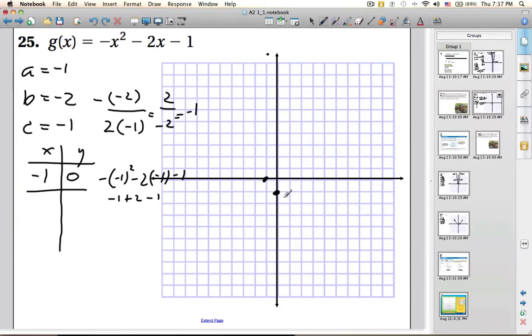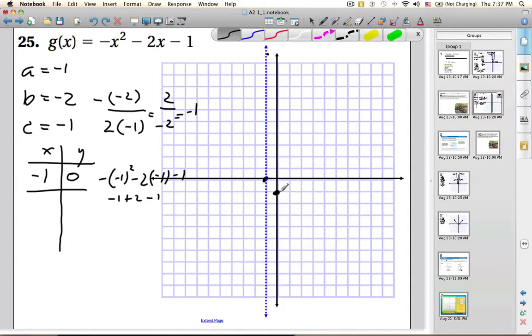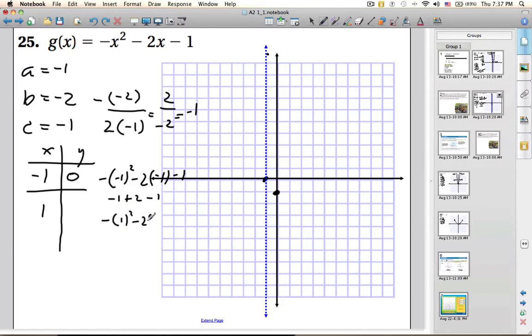I want to find another point here to the right of my vertex. But first I'm going to put in my axis of symmetry. It travels right here vertically through the vertex. Okay. I'm going to go ahead and plug in the number 1. So the opposite of 1 squared minus 2 times 1 minus 1. 1 squared is 1.